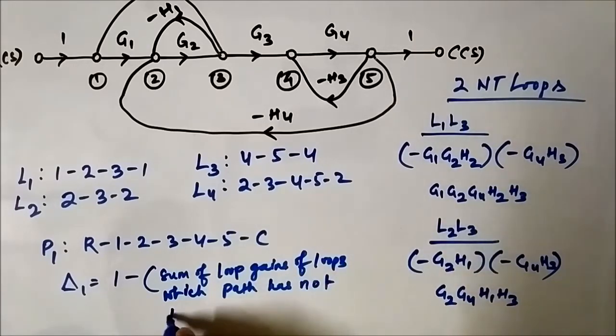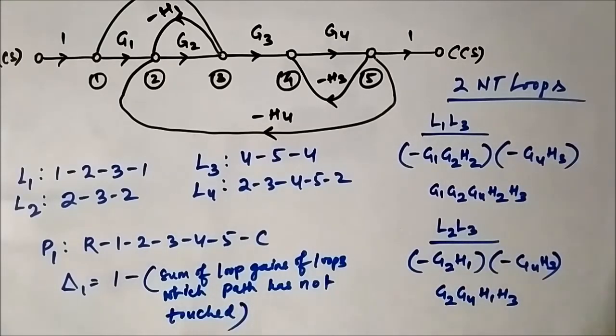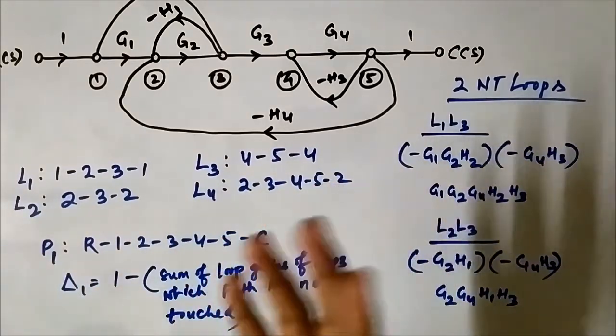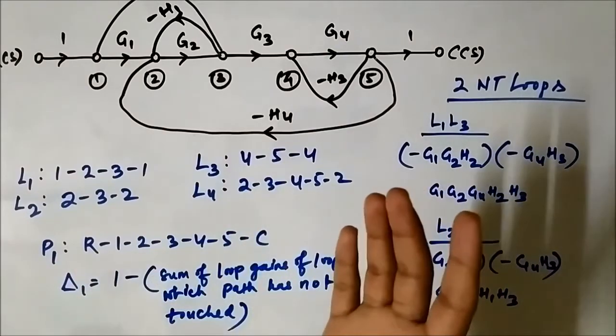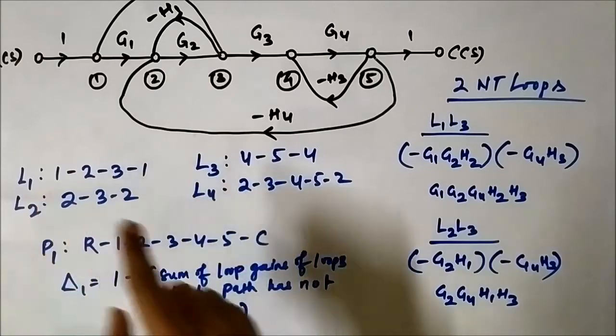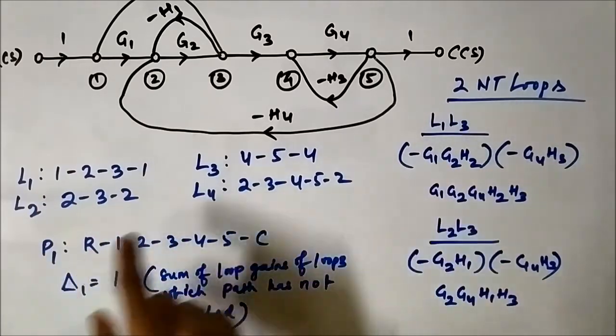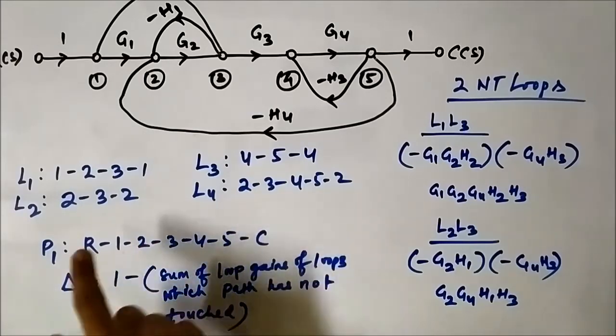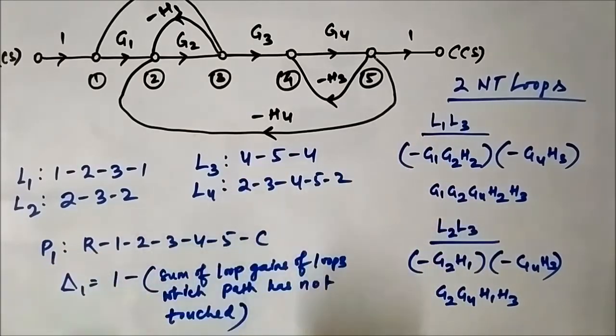This is the representation. So we have to determine which loop this path has not touched. It is similar to determining the touching and non-touching loops. We have to find common nodes between the path and the loop. If a particular loop has no common node with this path, then that loop is not touching this path.